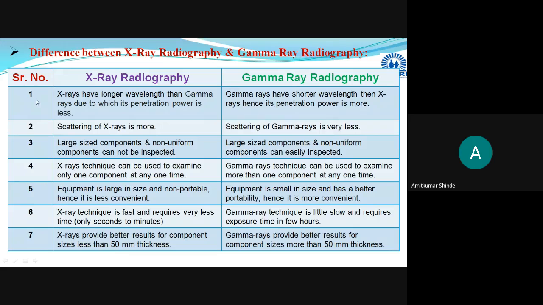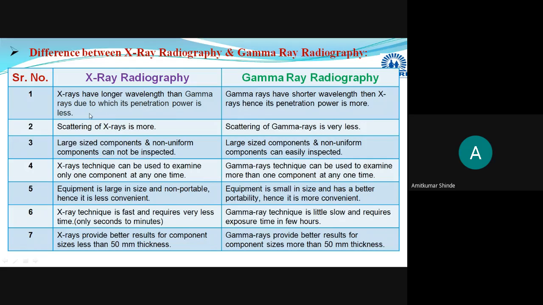For each point, you have to write two correct descriptions, one for X-ray radiography and one for gamma ray radiography. If both are correct, then you will get 1 mark. So minimum you have to write 4 or 5 points. Then what are the differentiating points?